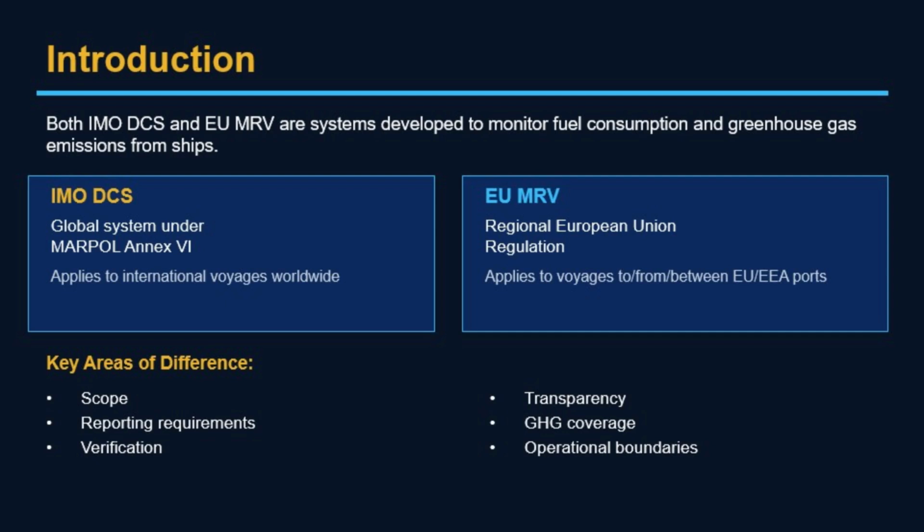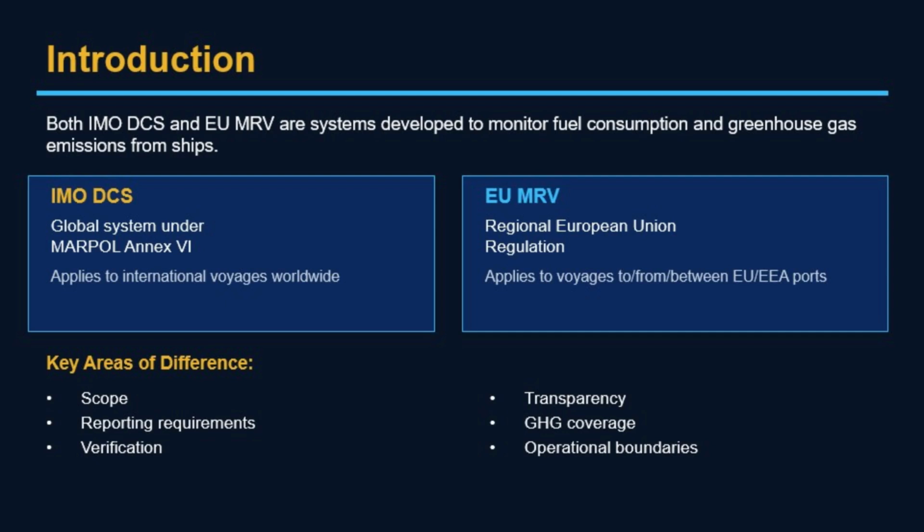IMO DCS, which stands for Data Collection System, is a global system established under MARPOL Annex 6. It applies to international shipping worldwide. On the other hand, EU MRV, meaning Monitoring, Reporting, and Verification, is a regional European Union regulation. It applies only to voyages involving EU and EEA ports.